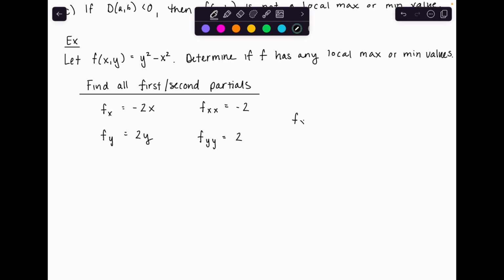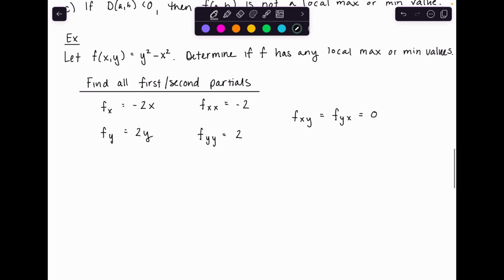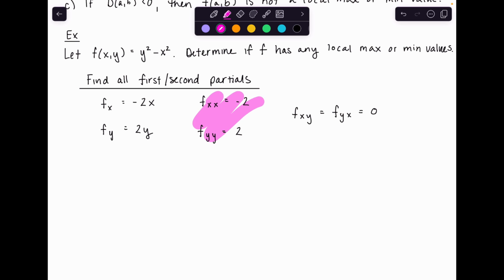And so also, if I take the mixed partial, the derivative of this with respect to y is 0, and the derivative of this with respect to x is 0. So these mixed partials are exactly the same. Okay. So these ones I don't need right now. They're helpful in classifying. I'm really just going to work with these to find any critical points.